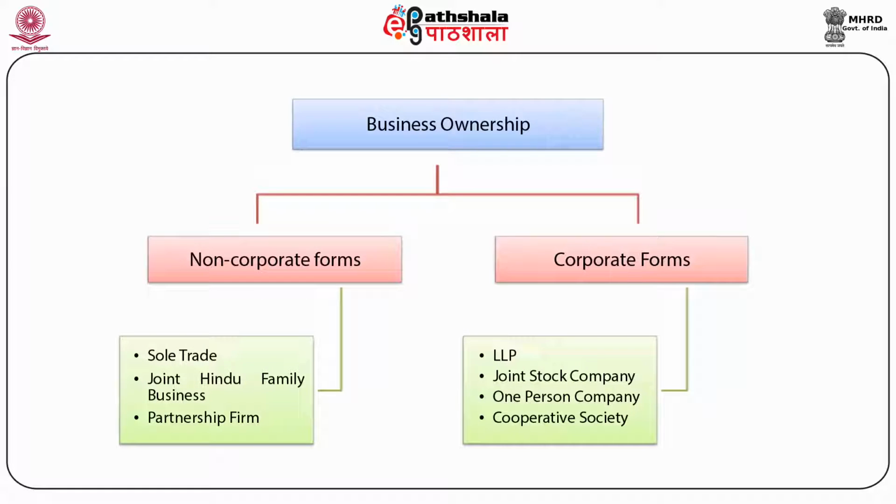In this figure, sole trade, joint Hindu family business, and partnership firm can be categorized as non-corporate, and others such as LLP, joint stock company, one-person company, and cooperative enterprise can be categorized as corporate forms of ownership. The basic difference between these two categories is legal formalities.